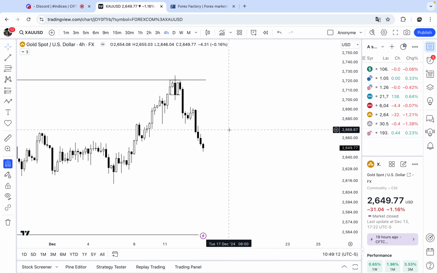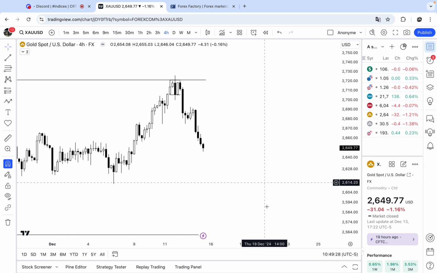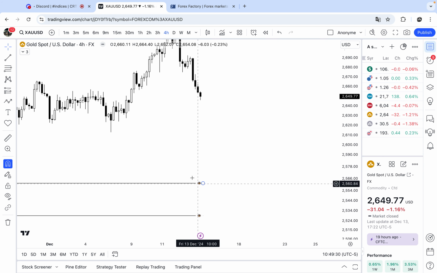What I'm looking for is bullish markets for like Monday, Tuesday, and then the rest of the week I'm looking for downside moves to reach these drawn liquidities. This is a narrative. So step 1, key levels. Step 2, market structure. Step 3, narrative.